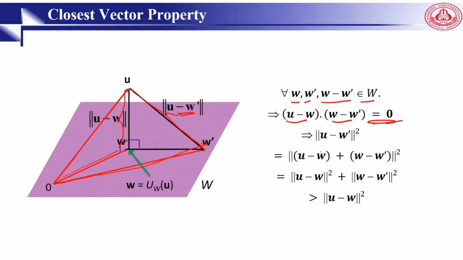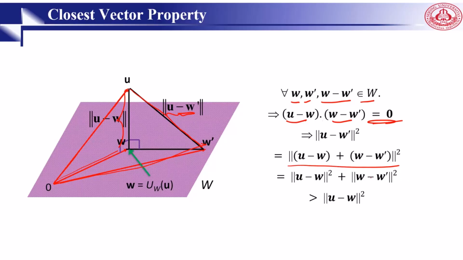So we can write mathematically that the dot product of u minus w and w minus w prime is always 0. The norm squared of the difference between u and w prime is equal to the sum of the norm squared of u minus w and w minus w prime. We can mathematically write it this way, expressing u minus w prime as u minus w plus w minus w prime, the sum of two vectors.